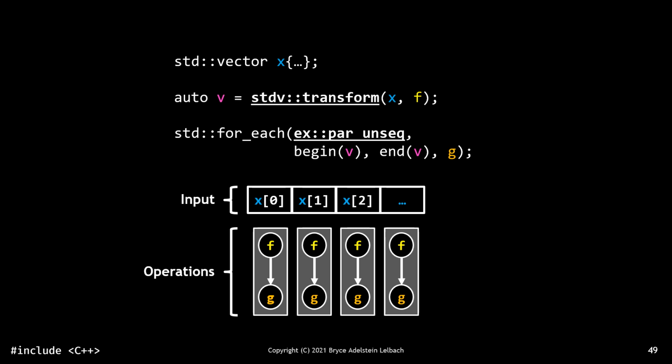For example, here, f is not evaluated until the elements of v are accessed in the parallel for_each. There is a big change in semantics here. Previously, we had a guarantee that all invocations of f would happen before any invocations of g. We no longer have such a barrier.